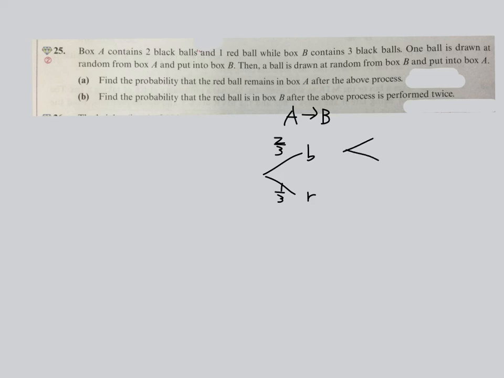And then the second part is B, put it back to A. I need to draw a ball from B to A. If I put a black into box B, actually there will be 4 black here, so we don't have the red.